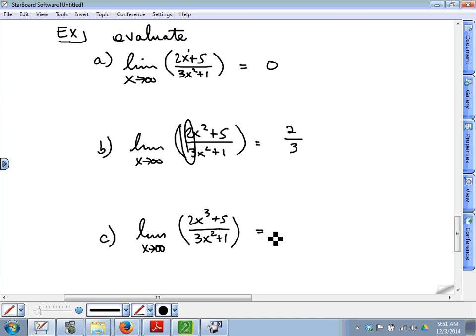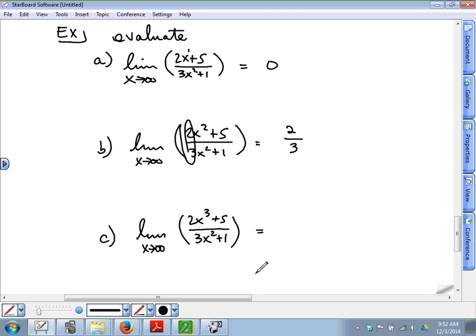This one here, the degree on top is bigger than the degree on the denominator. Do you remember what happened back in pre-calculus? What happened when the degree of the numerator was bigger? There wasn't a horizontal asymptote. It could be a slant asymptote, but there was no horizontal asymptote.